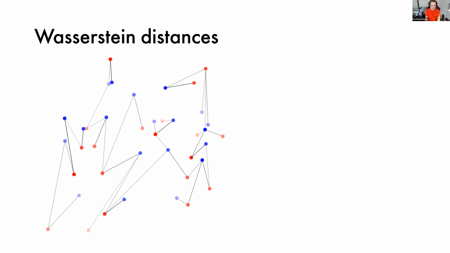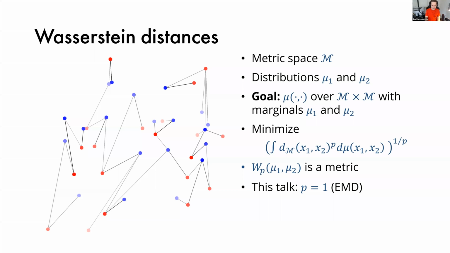We have one probability distribution over red points, and one probability distribution over blue points. On this picture, the brighter the point is, the less mass is put there. And then we are trying to match these probability distributions again in a similar way. We want to move red points to the blue points, and the amount we have to pay is distance times the amount we are moving. So this is pretty much the definition of Wasserstein distances.